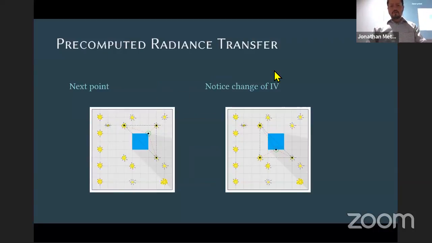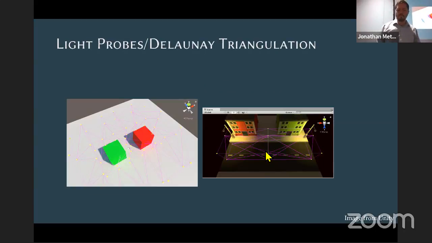All right, so anyways, with precomputed radiance transfer, we want to render the points here, and we're going to blend the surrounding lights or irradiance volumes together. So we can calculate this interpolation between the 4 different irradiance volumes. As I mentioned, this is how they basically do it.